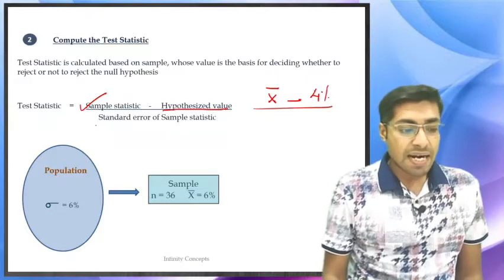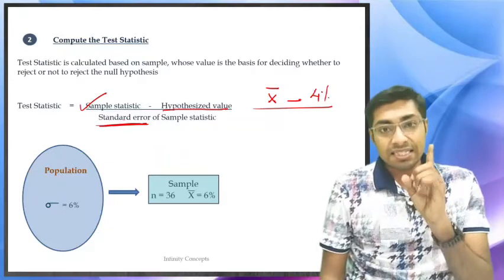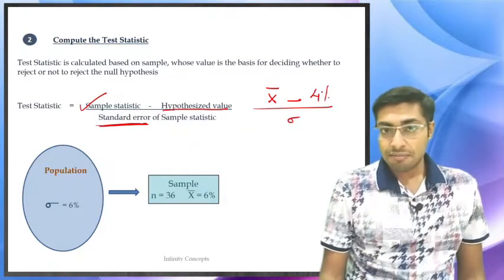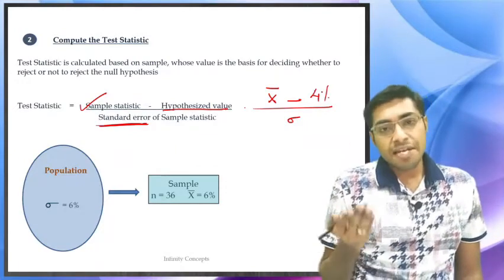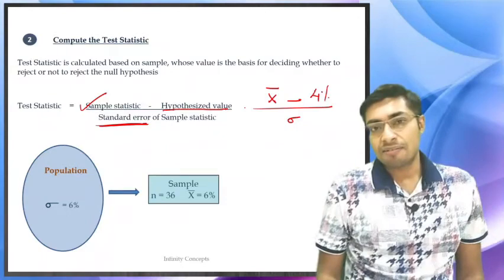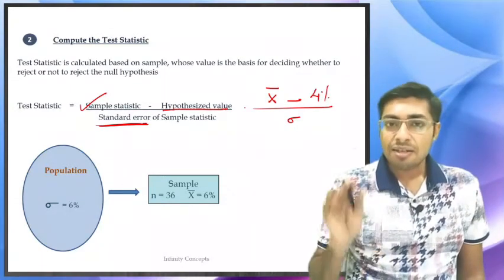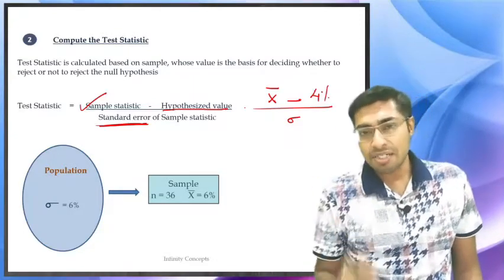Divide by the standard error of the sample statistic. Now what is the standard error? Standard error is your population standard deviation. If population standard deviation is not given, then use sample standard deviation. But then some kind of a standard deviation. In the best case, population standard deviation; in the worst case, sample standard deviation.